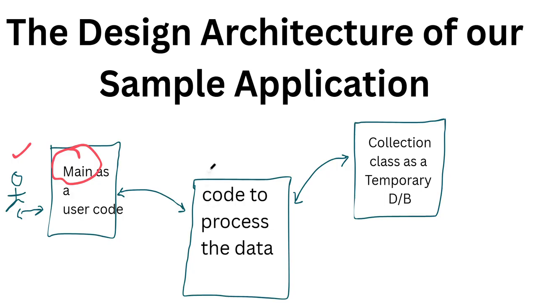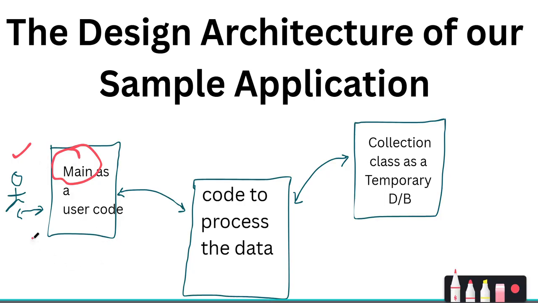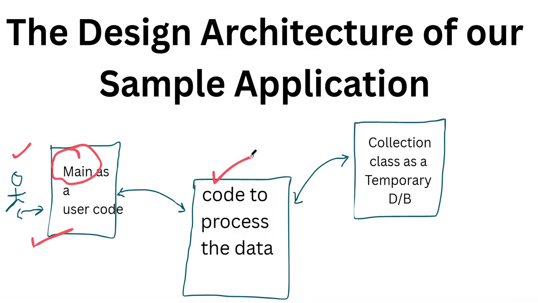For the time being you can consider all these three boxes as classes. The first class is the main class which is going to communicate with the user, so all user interaction code would be there only. All the data processing code should be in this layer, and we will be managing one more layer as our database, where we are using the collection.